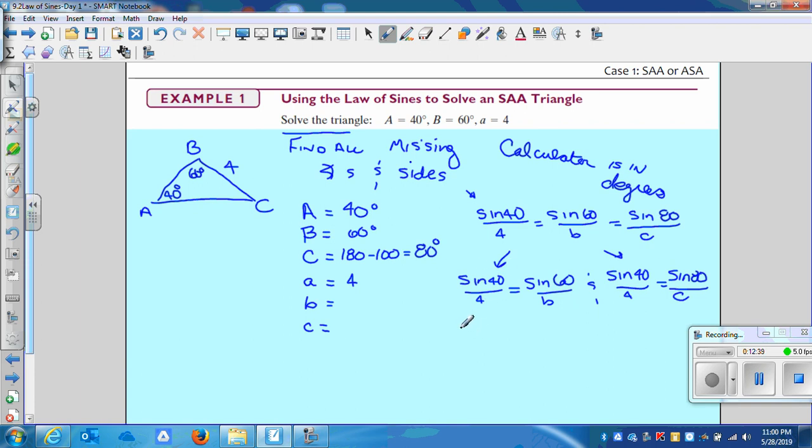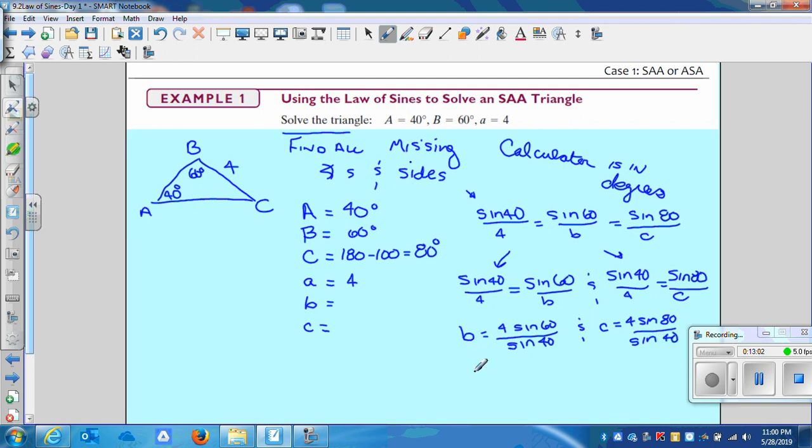So I'm going to streamline this and write it in that format. So b is going to be equal to 4 times the sine of 60 over the sine of 40. And over here on the other side, I'm going to have that c equals 4 sine 80 over sine 40.